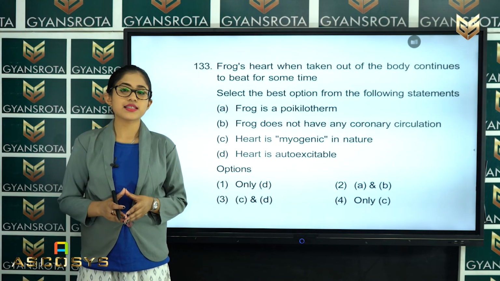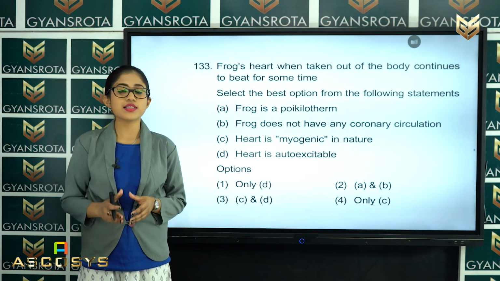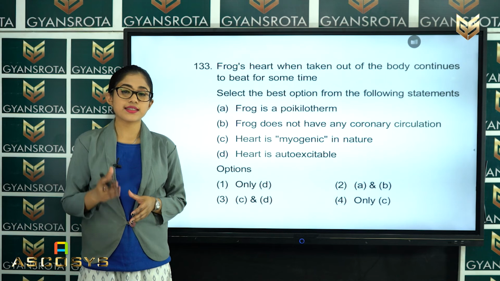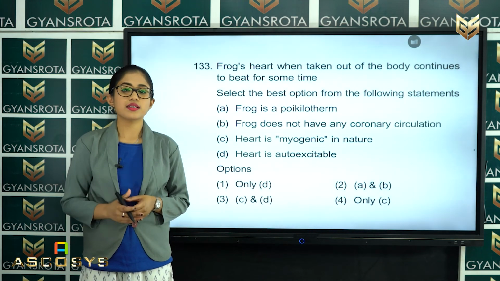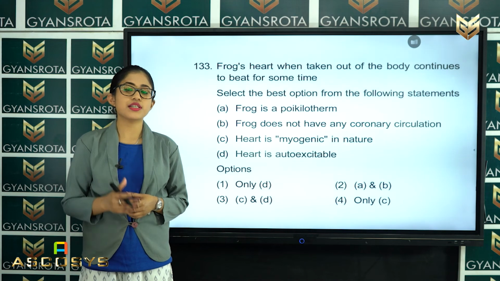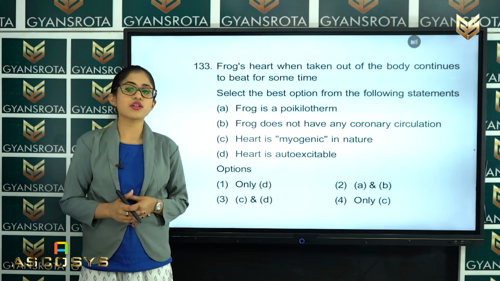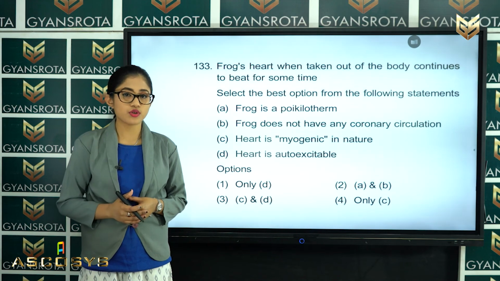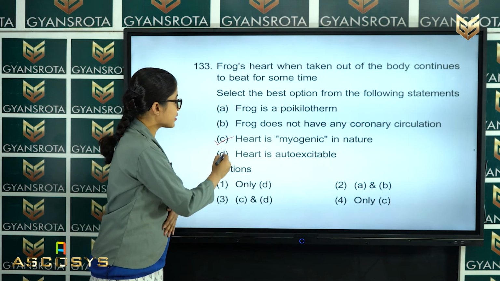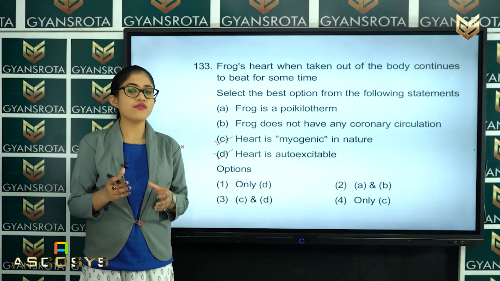We have discussed the characteristics of the heart in the chapter Body Fluids and Circulation. The heart is myogenic in nature because it arises from the mesodermal tissues of the embryonic germ layers, whereas the heart is also autoexcitable. So statement C and statement D are correct for the characteristics of the heart.